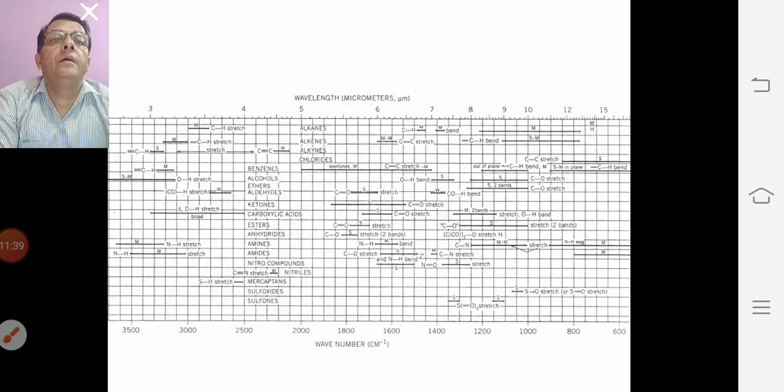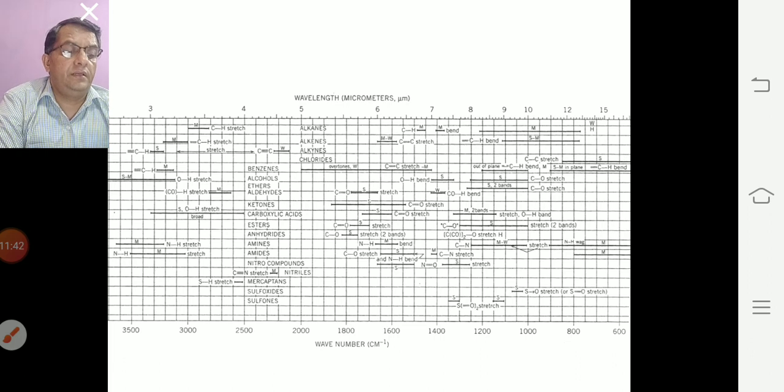Here is a larger view of some absorbed vibrations, either stretching, bending, etc. In the case of alkane, the CH stretching is recorded around 3000, and CH bending is recorded in the region of 800 to 1200.